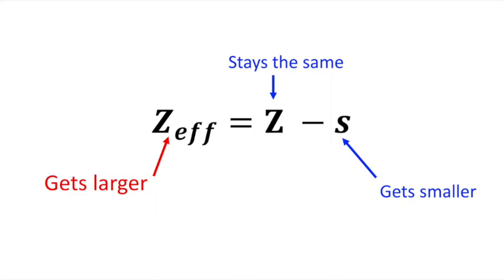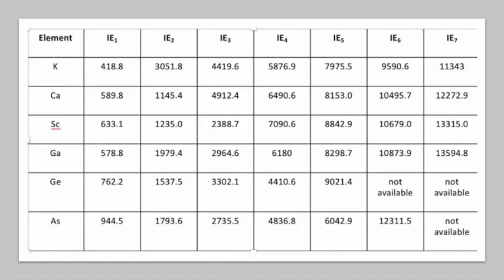So the effective nuclear charge is increasing, and electrons are pulled more tightly to the nucleus. You can see it in this chart where IE1 is the first ionization energy, IE2 is the second, and so on and so forth. As we take away more electrons, those ionization energies go up.